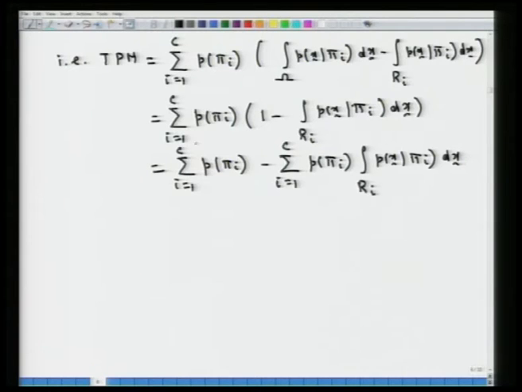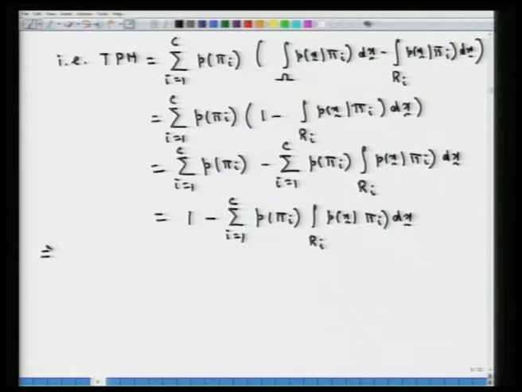Now, we note what the first term is equal to. It is equal to 1, because it is the sum of the prior probabilities of all possible c populations, and hence the summation of the p of pi i terms will be equal to 1. So, it is 1 minus this term, summation i equal to 1 to c of p of pi i into the integral of p of x given pi i dx.